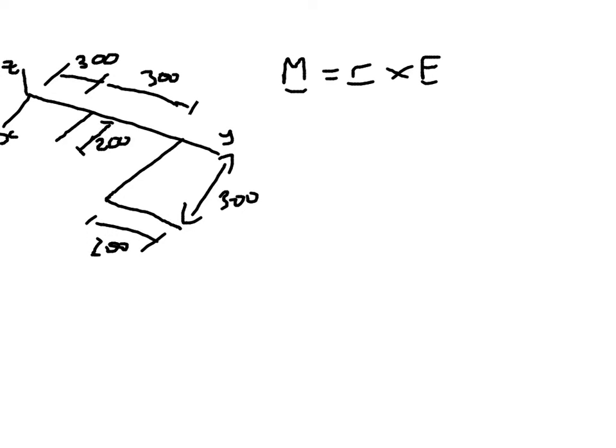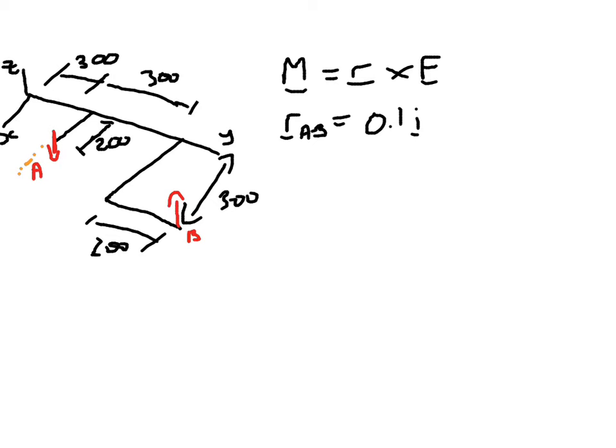And our two forces are acting, one here and one here, and that's A and B. So to get from A to B, rAB, we have to move in the x direction from 200 to 300 millimeters, so 0.1 i meters.